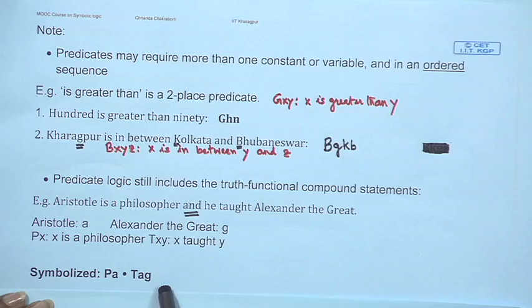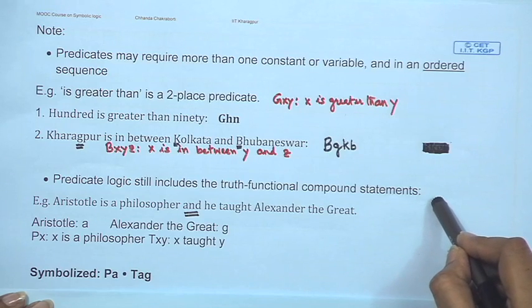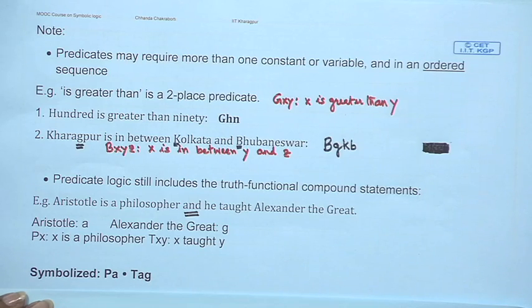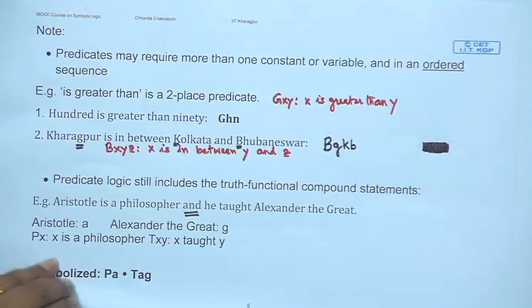It will be true only when both the conjuncts are true, false in every other case. Get this? So, once more remember what I said, that predicate logic will include truth functional compound statements also, like so. Okay. So, this was an example, but we will see many more as we go along in this.